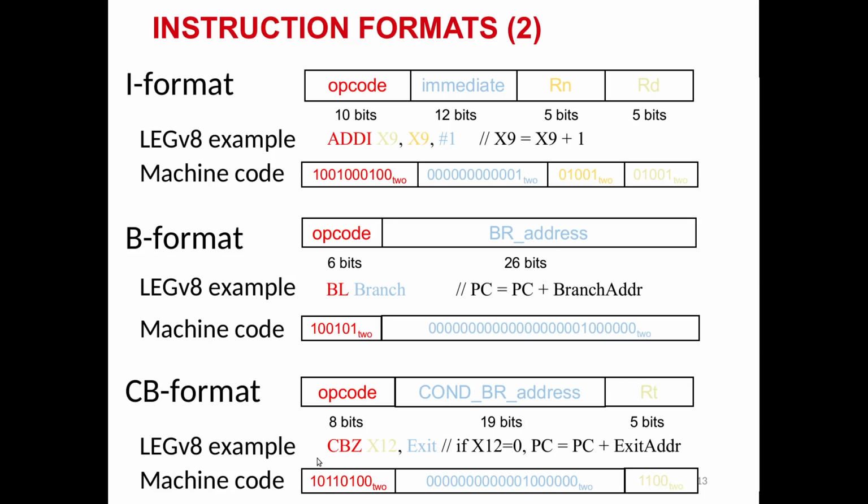An example here is CBZ, or compare and branch if zero, X12, assist, which means that you compare X12 with 0. If X12 is equal to 0, PC will equal PC plus the address shown by the assist label.